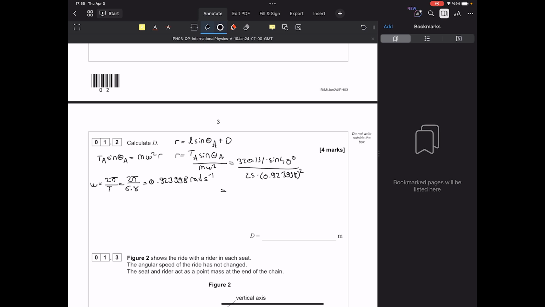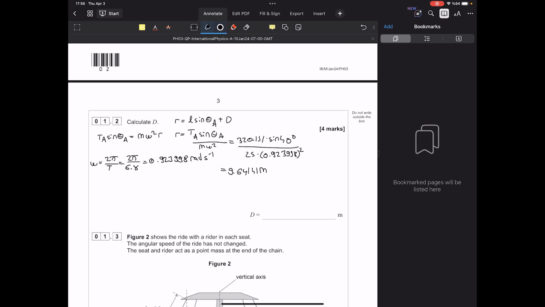Multiplied by the sine of 40 degrees, divided by 25 times this value, which is squared. That makes 9.64141 meters.